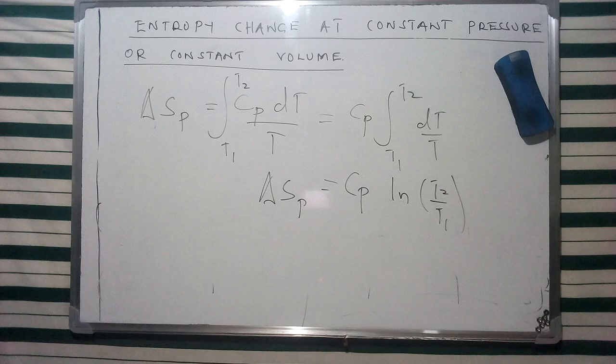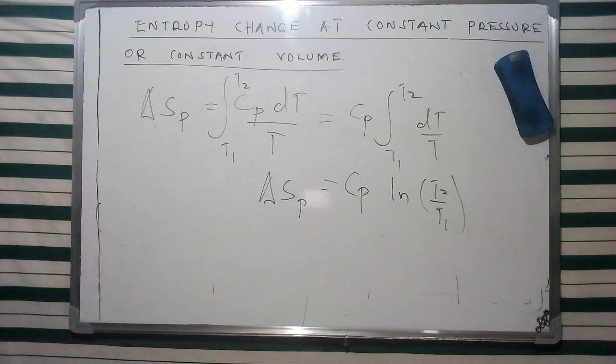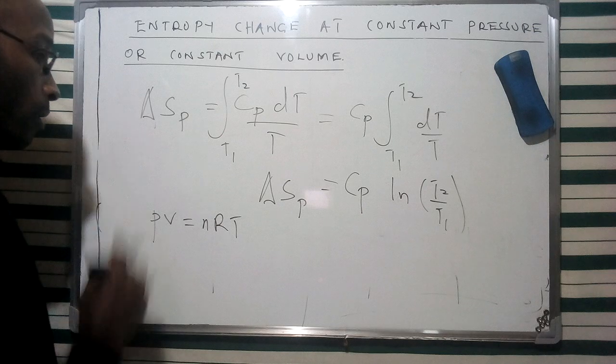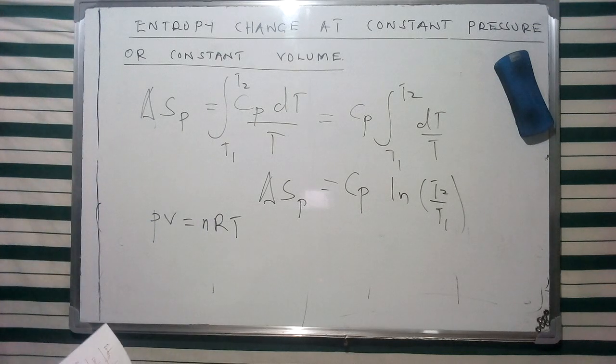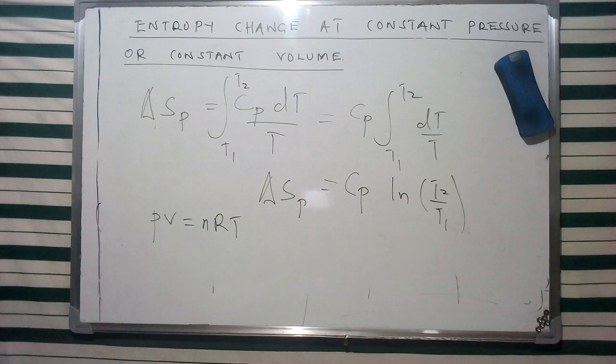So in that particular case, we can consider the aspect of a mole, whereby we're going to see that for a mole, this is going to be given in terms of the ideal gas equation, which is PV = nRT. So in cases whereby we're going to have a constant volume, we're going to see that there's going to be variations in pressure, and therefore we're going to have a different kind of representation in that specific case.